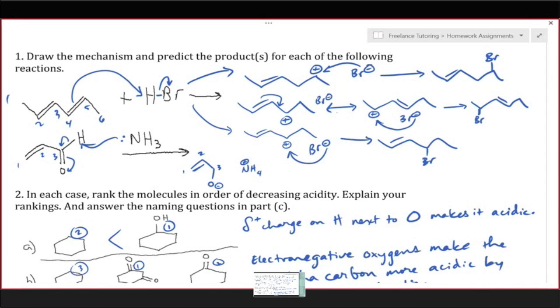Is it because there is no resonance in that intermediate? Why would that make that less important? That resonance allows for that final... Let's see.